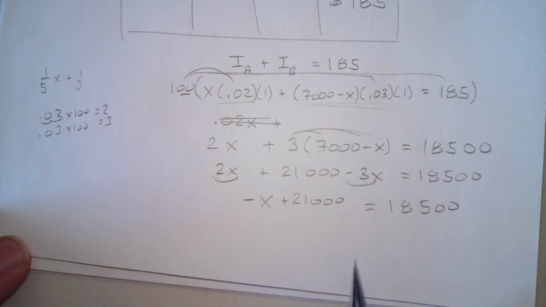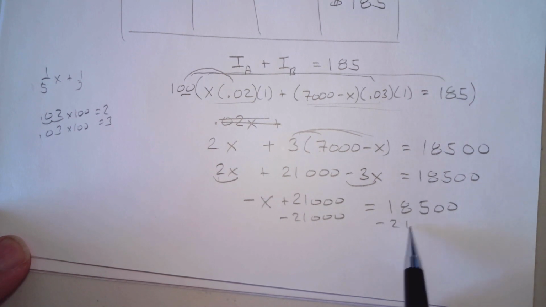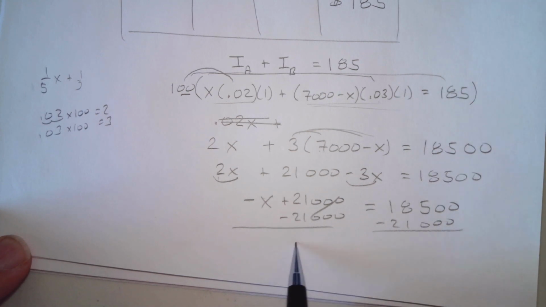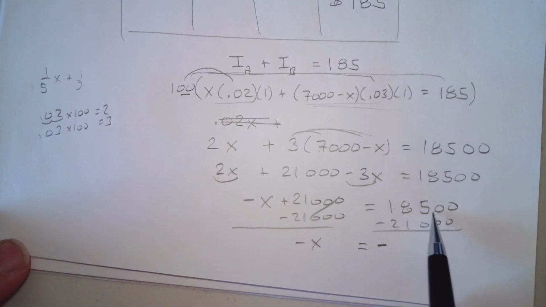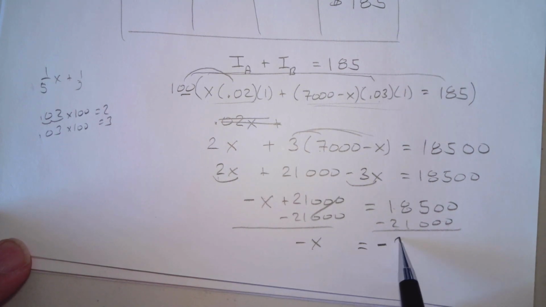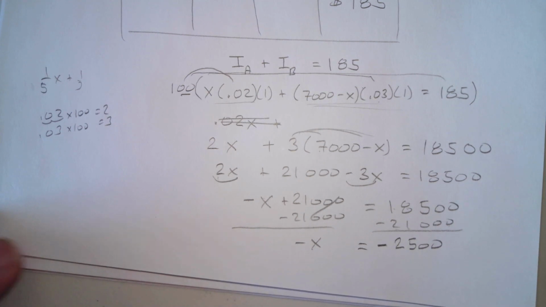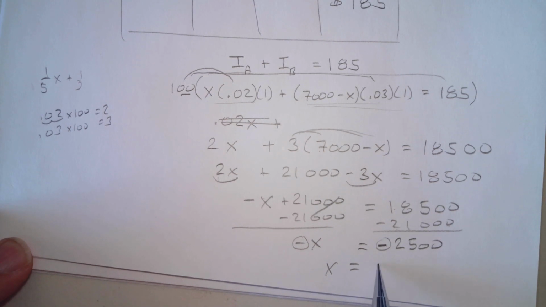We're trying to solve for x. So we get rid of the 21,000. We have negative x. 21 is bigger than 18, so it's negative. 21,000 minus 18,500 is 2,500. Negative. Change the signs. So x is equal to $2,500.